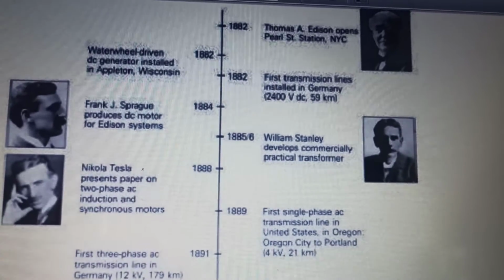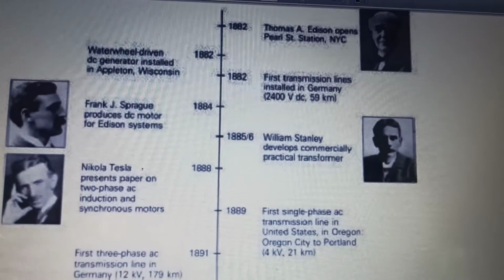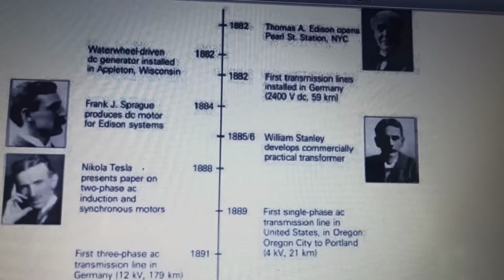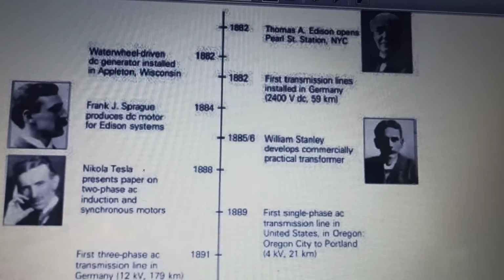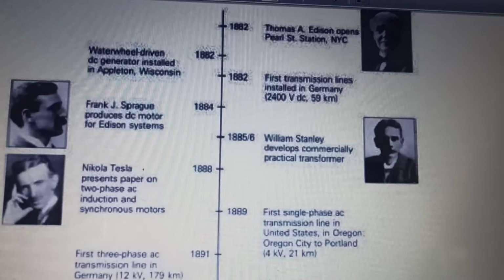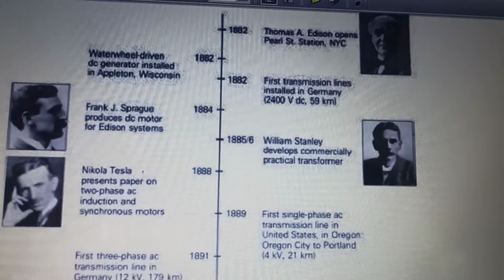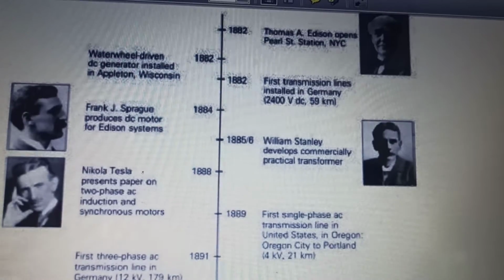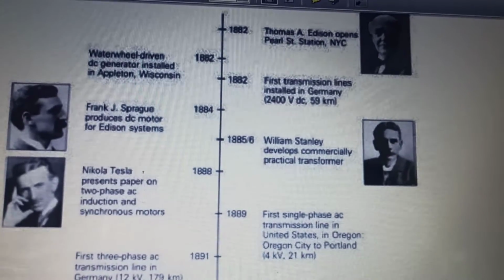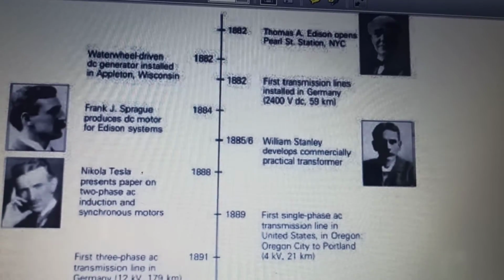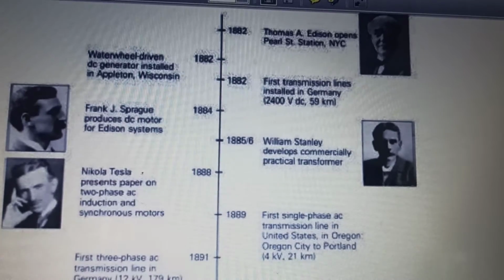After that, in 1885/6, the development of a transformer happened. It means that the migration, you can understand this thing. This is a very, very beautiful and very important concept, that the electrical revolution basically started in 1882.